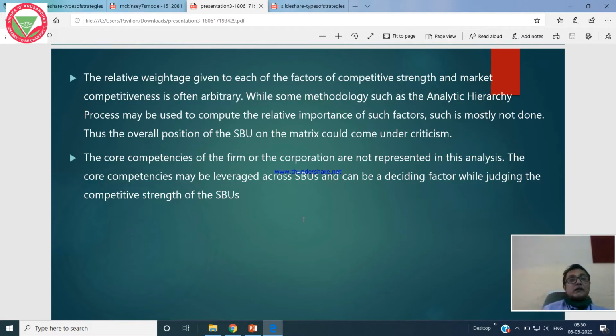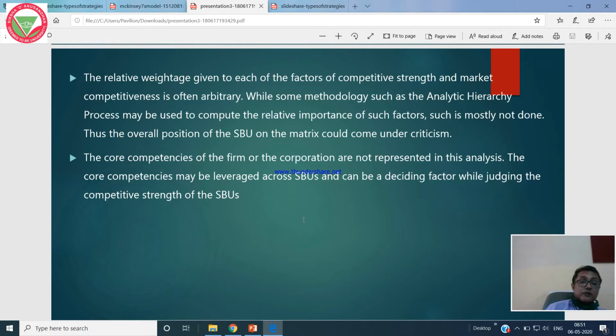See, while discussing the various factors under the industry attractiveness or business strength parameter, we need to take them on logical grounds. We should not be taking them arbitrarily. If we take the competitiveness factors arbitrarily, then obviously blunders can happen.